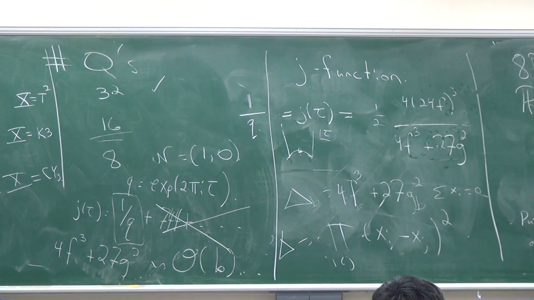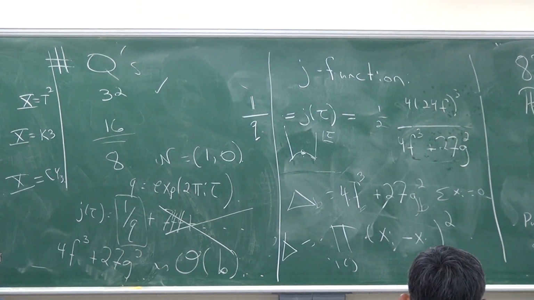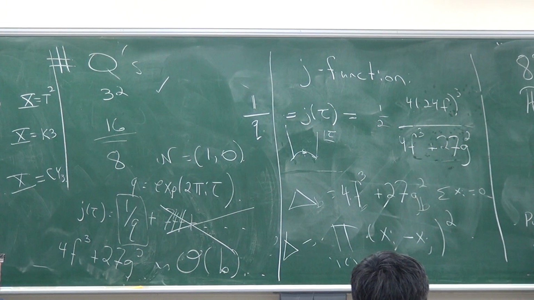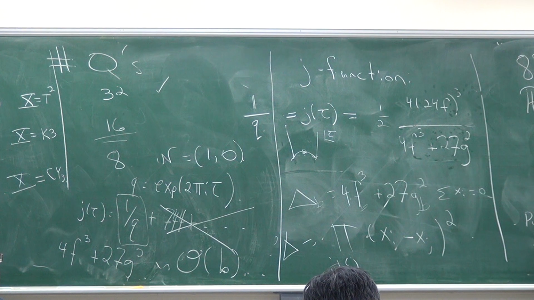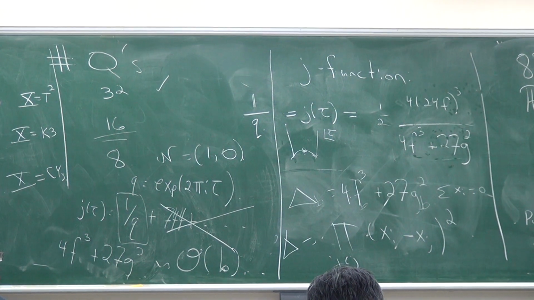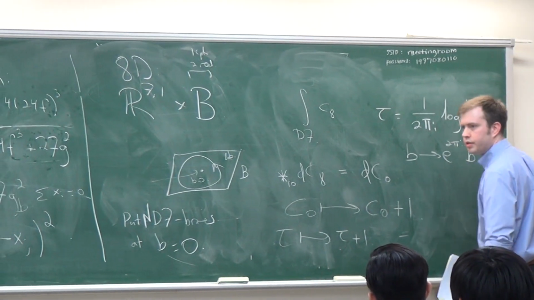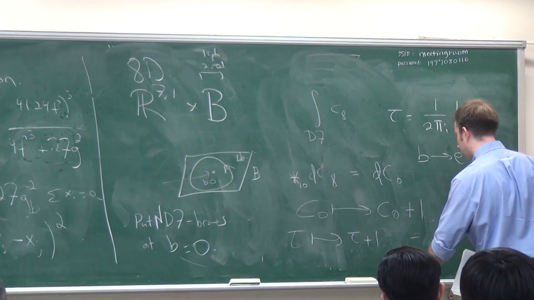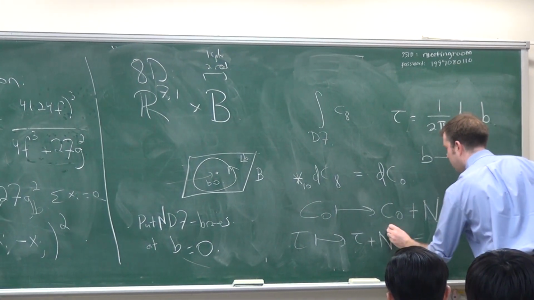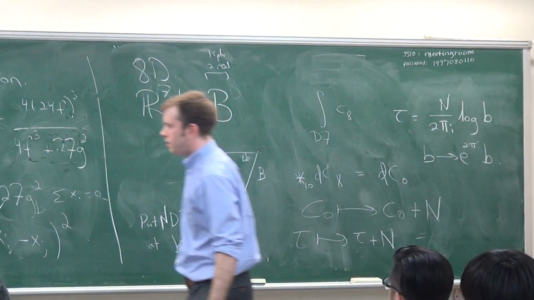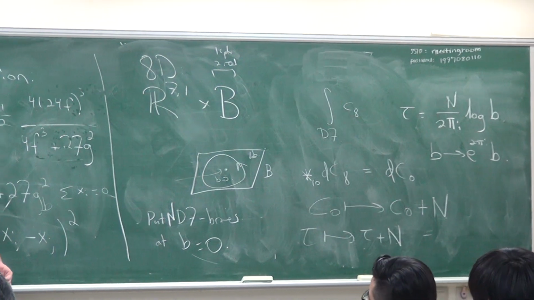Okay, so that's great. That was 1 D7 brane. How about n D7 branes? Well, you do the same thing, but now the shift in the potential is different. The monodromy has to shift by more. So the order of vanishing goes up.